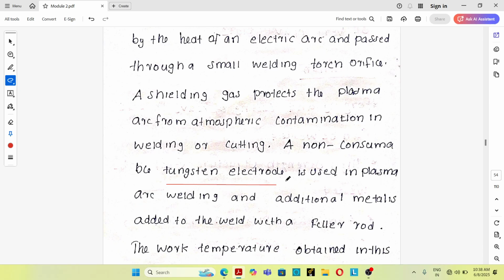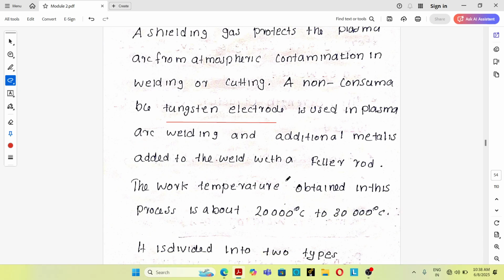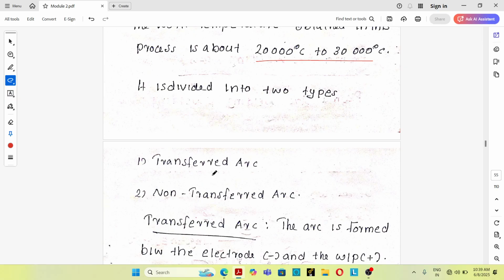During this process, the additional material is added in the form of filler rod. The work temperature obtained in this process is about 20,000 to 30,000 degrees Celsius. This process is classified into two types: transferred arc process and non-transferred arc process.